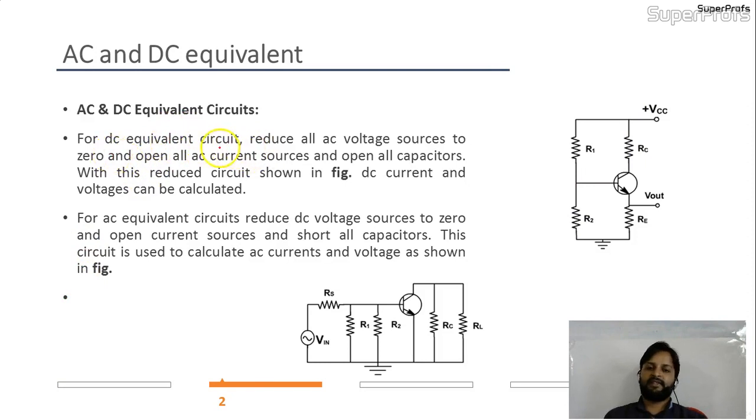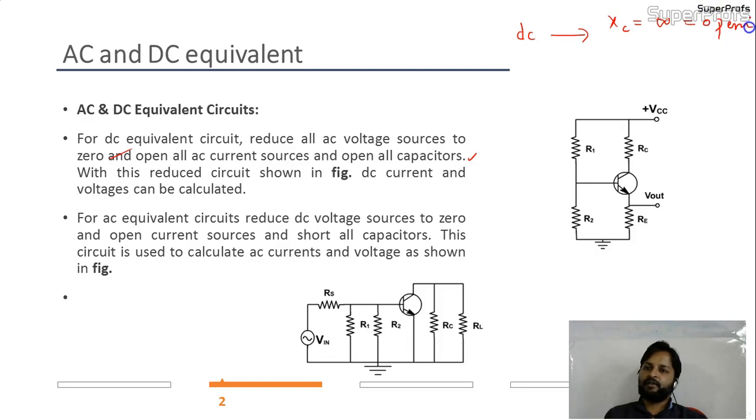For DC equivalent circuit, reduce all AC voltage sources to 0 and open all AC current sources and open all capacitors. We are doing DC, right? So in DC, capacitor will act like open circuit.